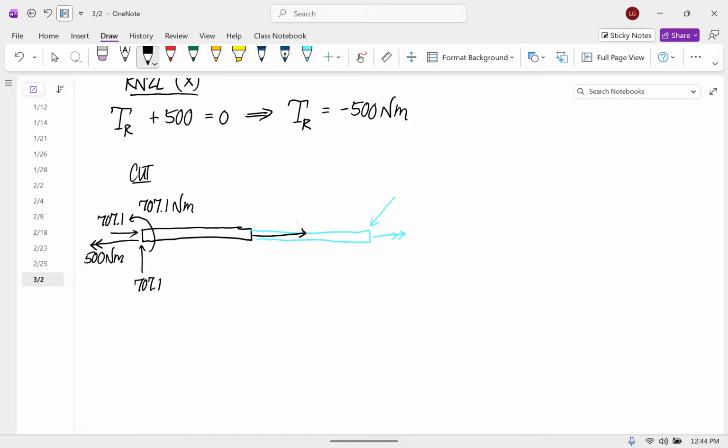So we're going to have an internal tension, an internal shear force, an internal bending moment. And then the one thing that's new is we're also going to have an internal torque that I'll denote fancy T. Okay, and we're going to calculate all of those.